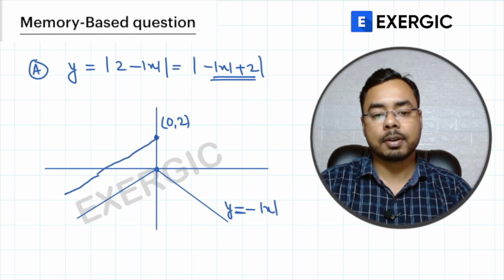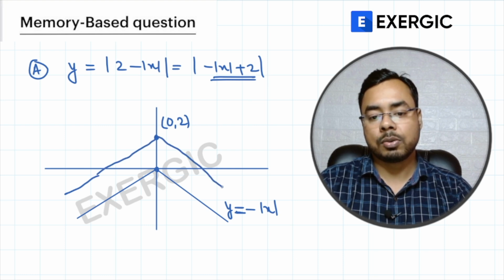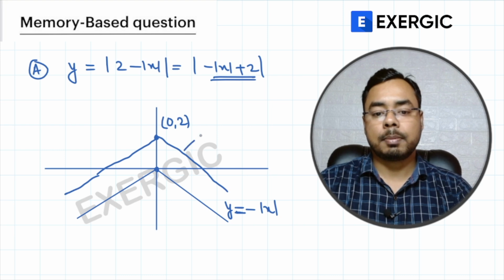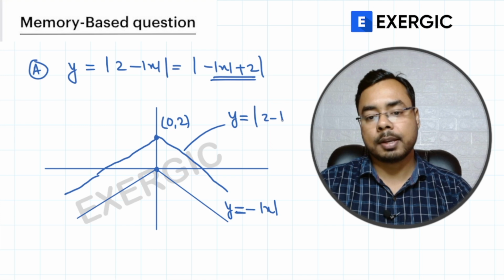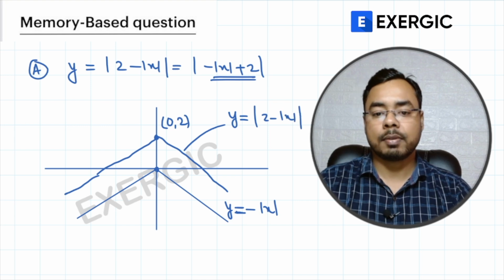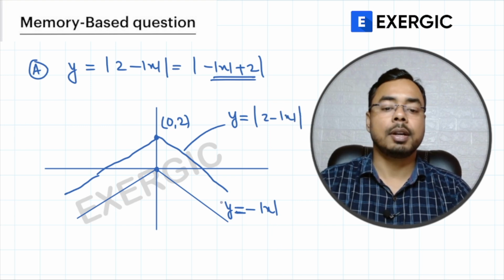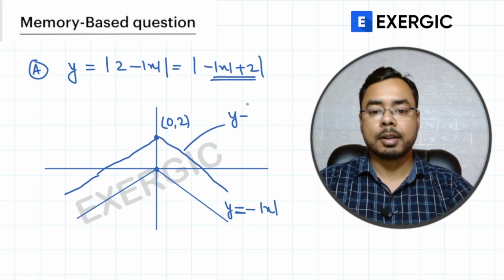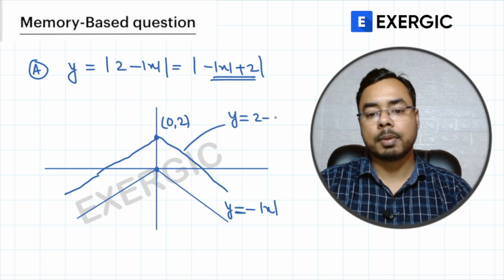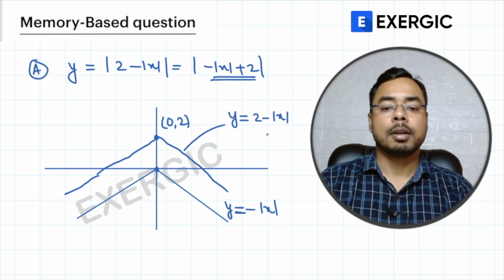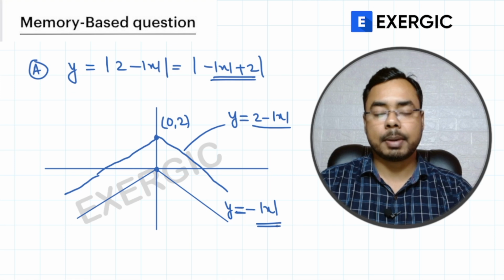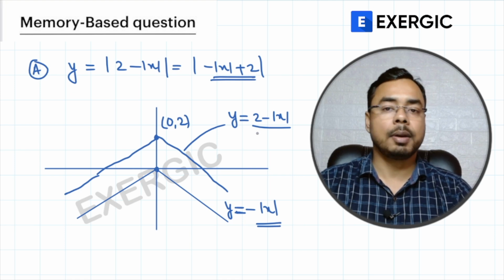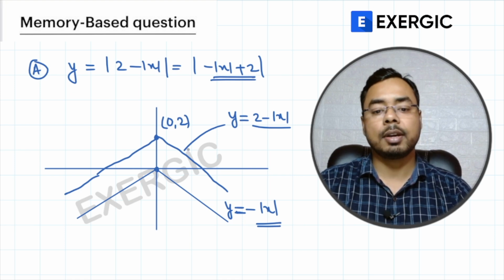Sorry, this is not mod of 2 minus mod x yet. This will be the graph of 2 minus mod x, because this is minus mod x and we have shifted that graph by 2 units towards the positive y-axis.